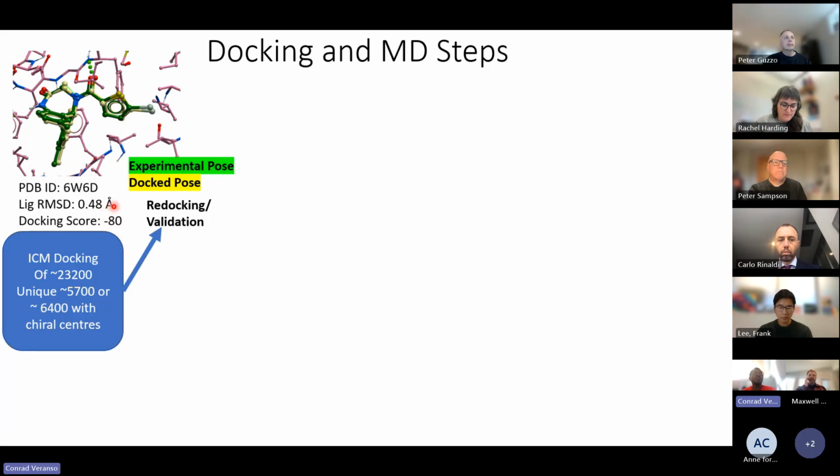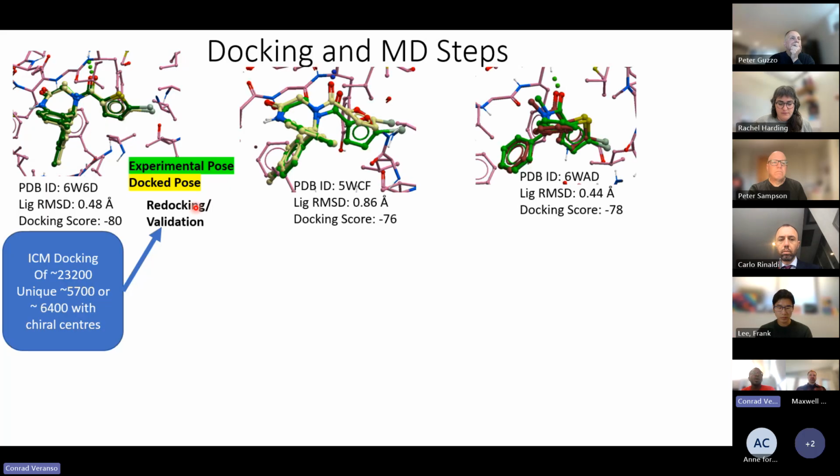And then the docking pose had a root mean square deviation very close to the experimental pose, which validated the procedure we wanted to use. And then I also did redocking and cross-docking with other targets, for example, 5WCF and 6WAD, to see if molecules from these PDBs could dock in the other PDB and vice versa.